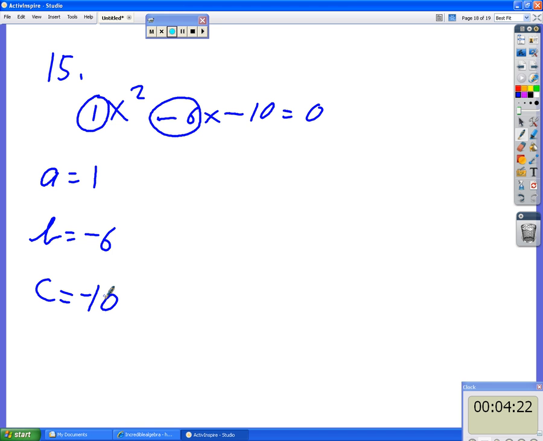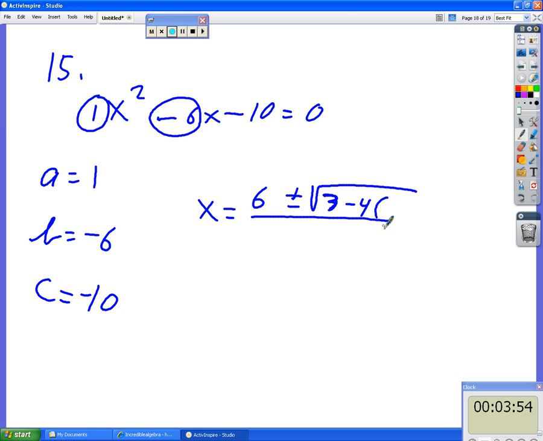So, the quadratic formula says x equals negative b, the opposite of b. Well, b is a negative 6. The opposite of a negative 6 is a positive 6. Plus and minus the square root of b squared. b squared is b times b, or negative 6 times negative 6. That is 36. Minus 4 times a times c. A is 1, c is negative 10.